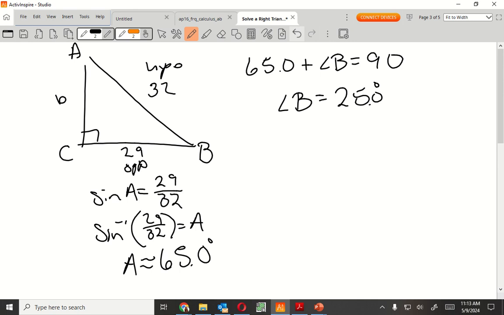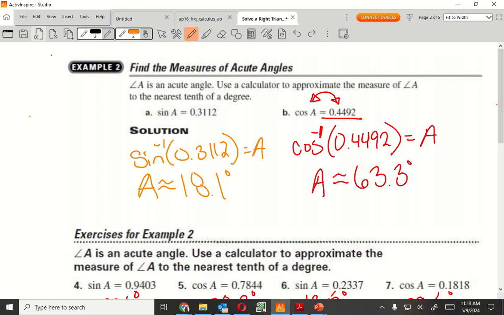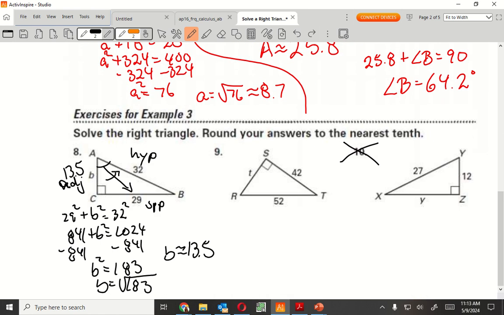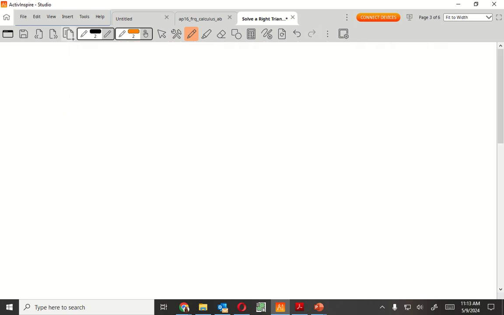All right, you guys ready? Let's do this last one. I'm going to copy the last one over on the next page. So it's going to be T, 42, 52. Copy and paste.